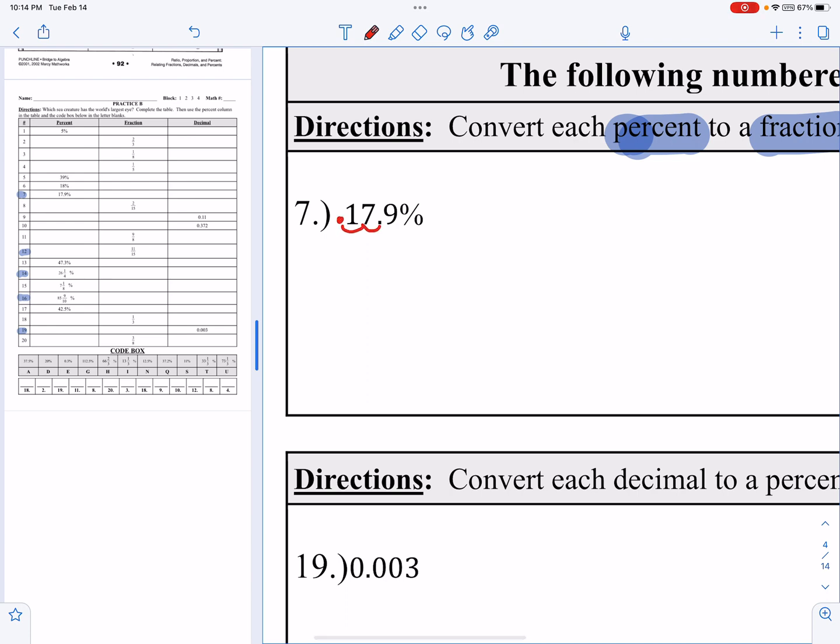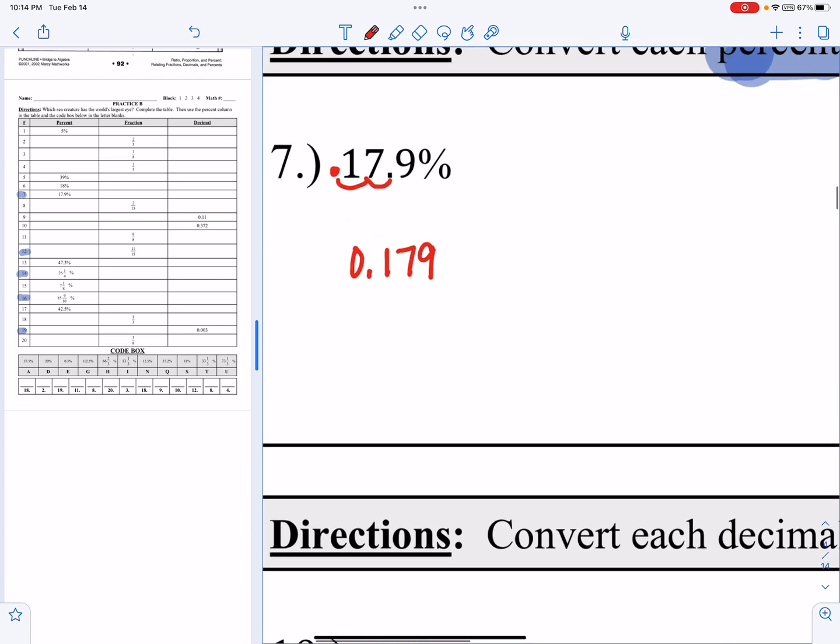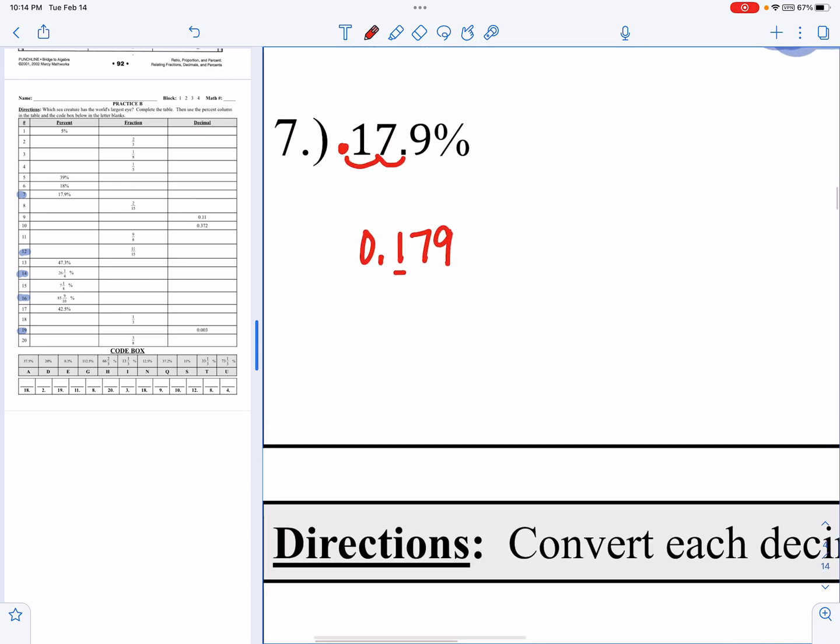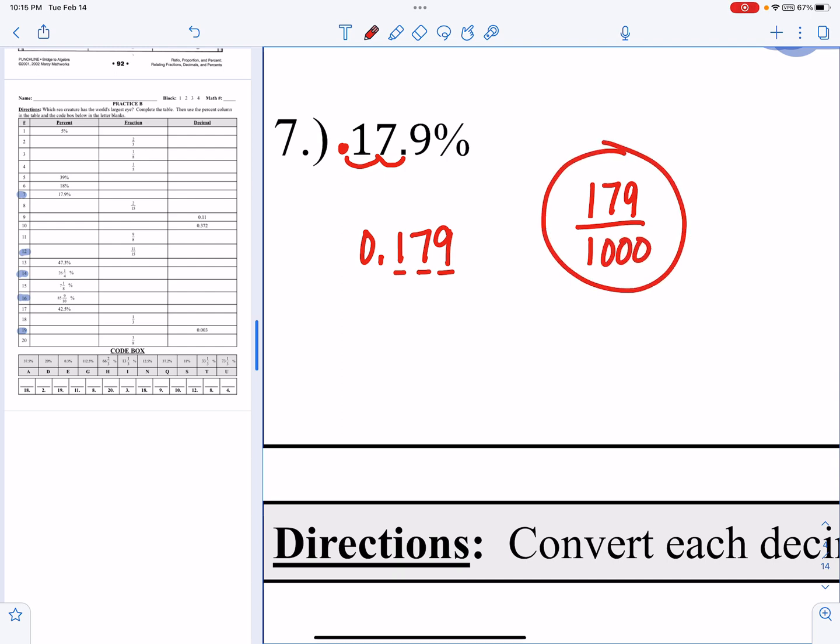So 1, 2, there's my new decimal. I have 0.179 as a decimal. Now, our job is to create a fraction. We can just read this decimal. We have tenths, hundredths, thousandths. And so our fraction is 179 thousandths. Okay, and this is what we're circling today.